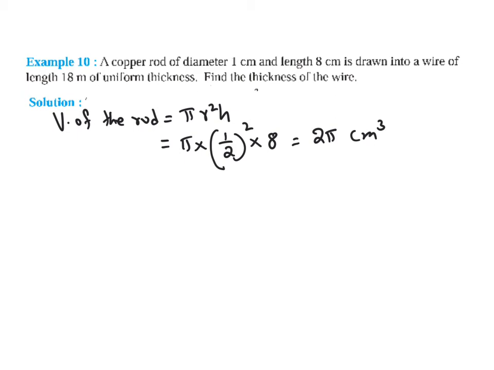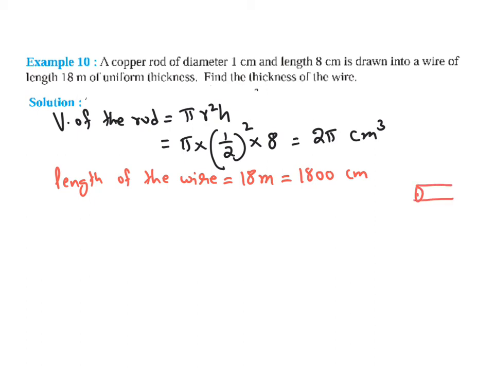Now the length of the new wire of the same volume is given as 18 meters. Let us change this into centimeters. It's going to be 1800 centimeters. So if R is the radius of the cross section of the wire, again the wire is in the form of a cylinder.